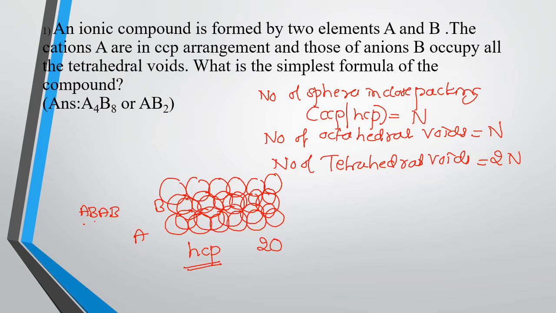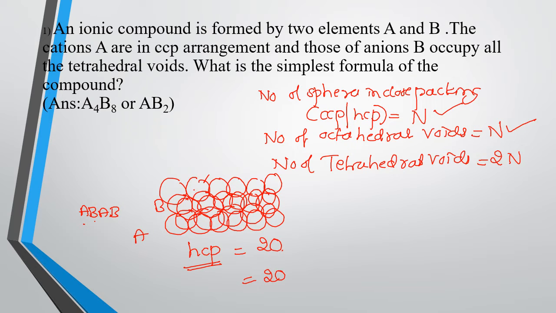How many spheres are there? Then the number of octahedral voids generated, look at this formula: if the number of spheres in close packing is equal to n, the number of octahedral voids is also equal to n. That means as many spheres as are involved in close packing, that many octahedral voids are generated.